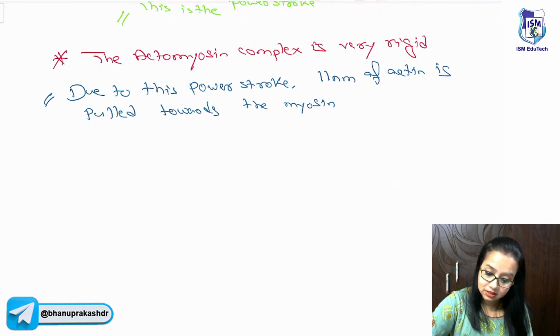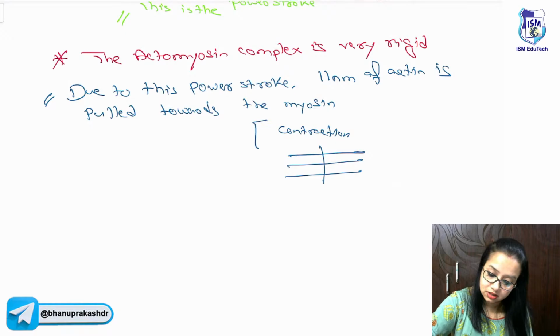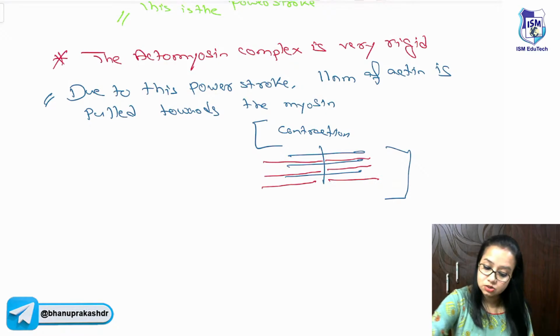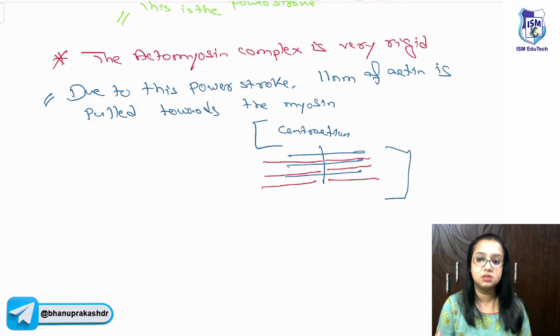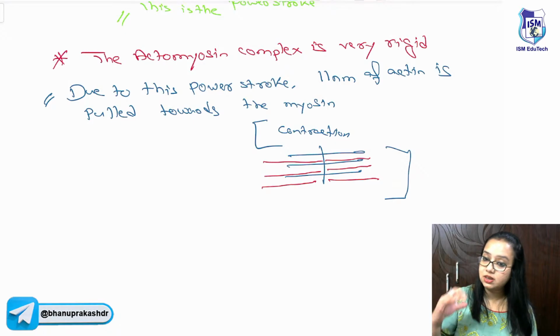That during contraction, a quick reminder, the actin molecules get pulled towards the myosin, right? So this is what happens. The myosin, after the power stroke, pulls the actin towards itself by 11 nanometers, and that's where during contraction the length of the muscle also reduces.